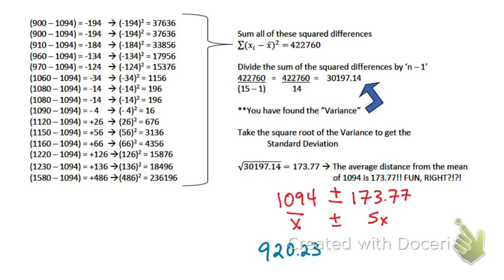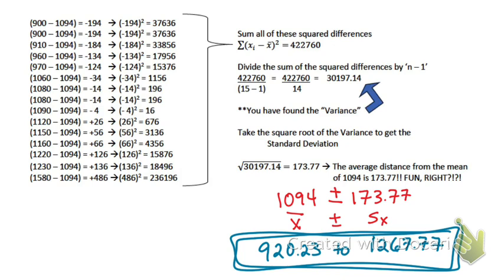Okay. So that would be the low end of the average score for this group. Now to the high end: take 1094 and add 173.77. What's the high end? Perfect. These are now the average values that a student in this group might have gotten on the SAT.